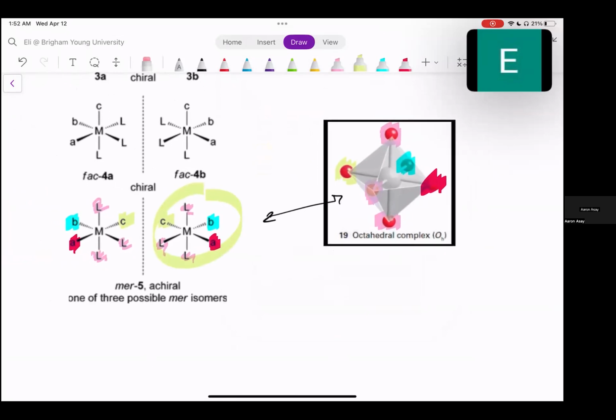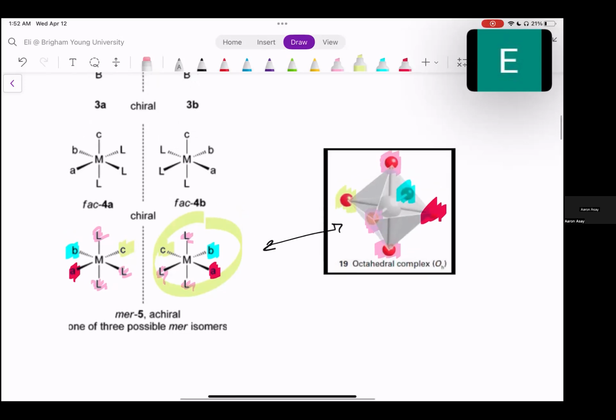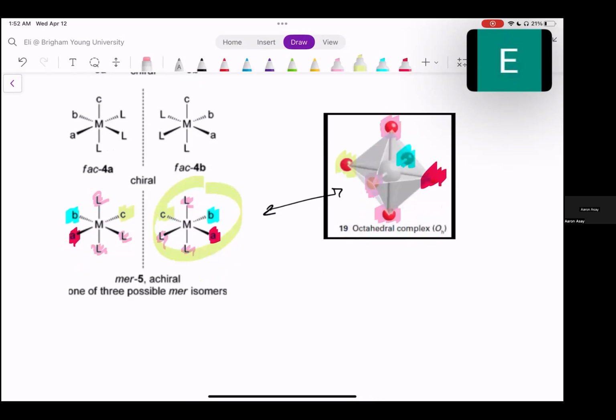So if I, let me take a look at this real fast. I think this one is also going to be achiral, actually.